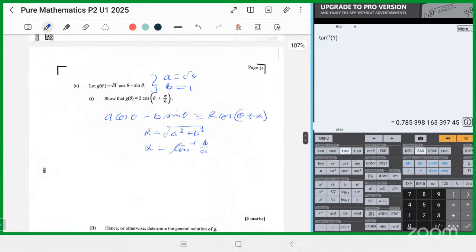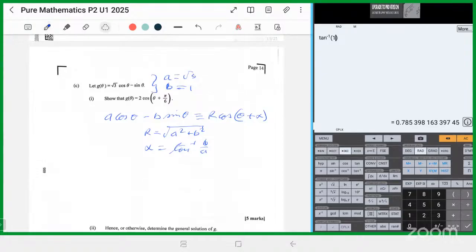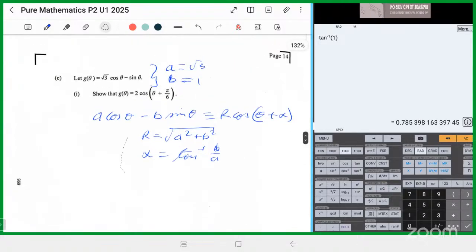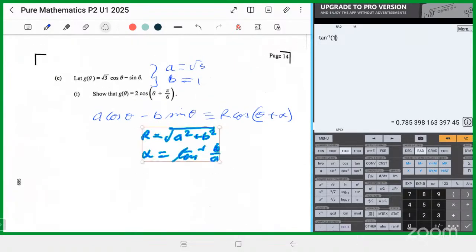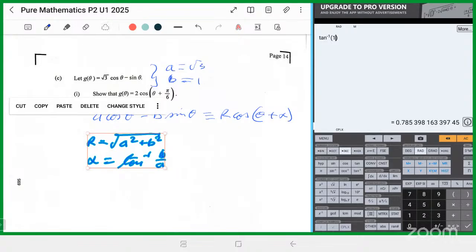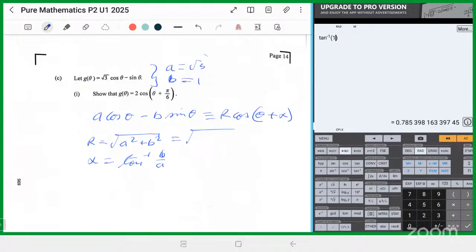Therefore, we can say this is the R. So R is the square root of root 3 squared plus 1 squared. That becomes 3 plus 1, which is equal to 4, so the square root is 2.